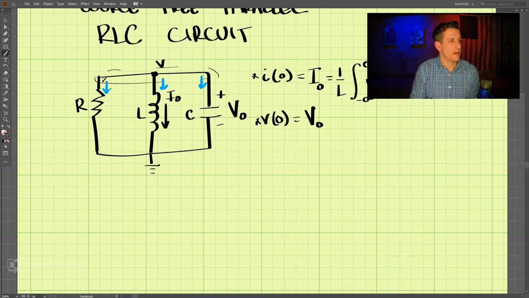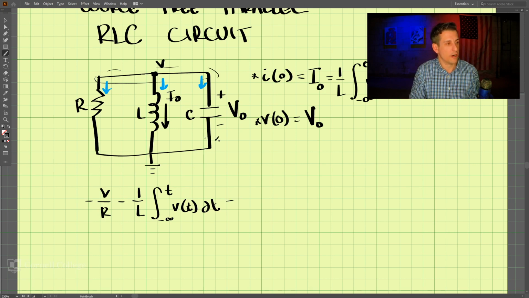Our current here is going to be equal to V divided by R, and that is out, so that's going to be negative. This one is out, and here we have negative 1 over L times the integration from negative infinity to t of v of t dt, which is the current here.